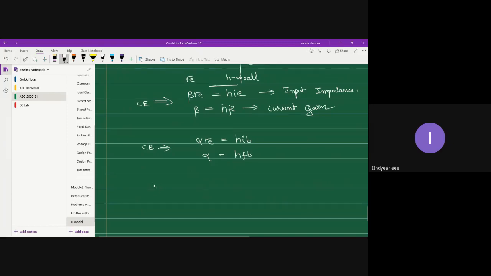If you had selected a common collector configuration, instead of alpha re you would have had gamma re, and that would have been your hic. C for collector. And against gamma, you would have had hfc. So this is the similarity. That's your hybrid model.